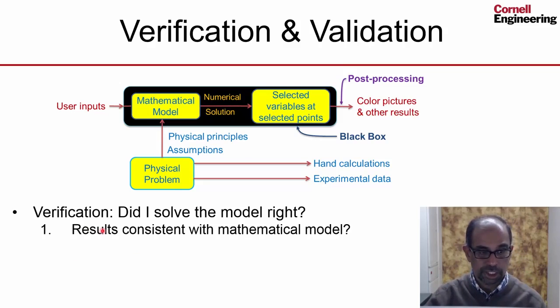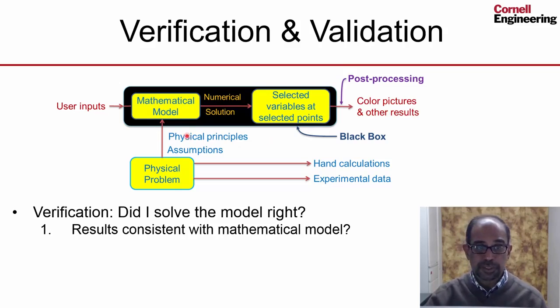The first is to check if the results are consistent with the mathematical model. So for instance, whether the results in the color pictures are consistent with the mathematical model. The behavior at the boundaries, is it consistent with the boundary conditions in the mathematical model?